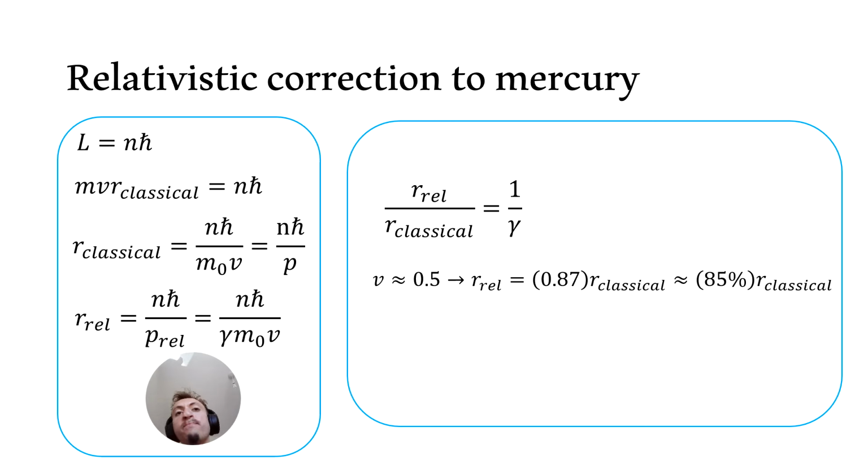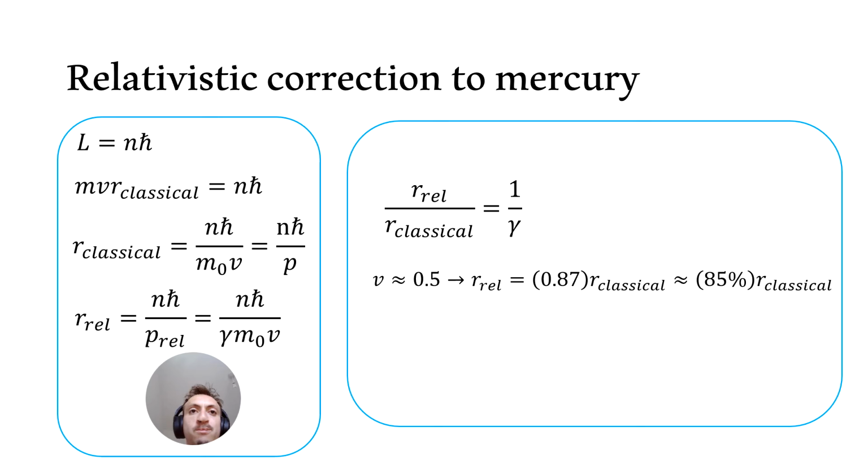So going back to the idea that the speed of the electron is about 50% of the speed of light, one can get that from a more full relativistic treatment of the mercury atom, taking into account, for example, Dirac's equation.